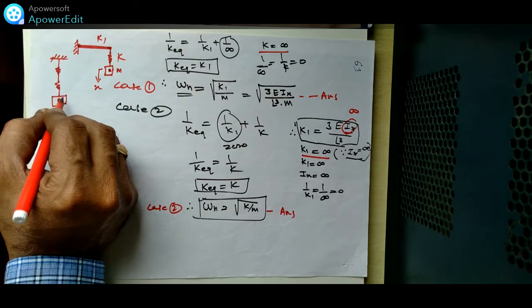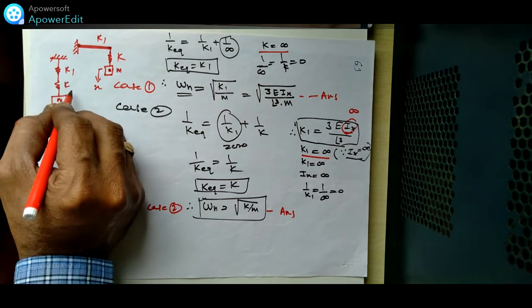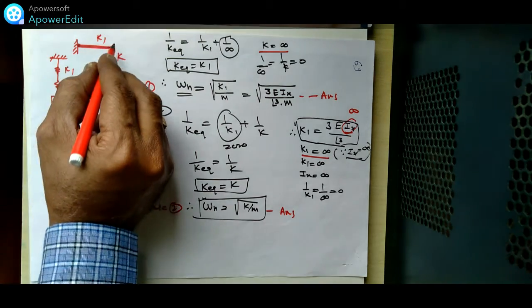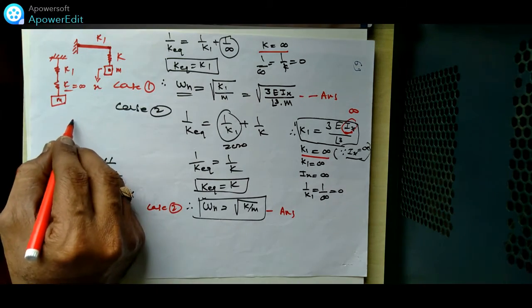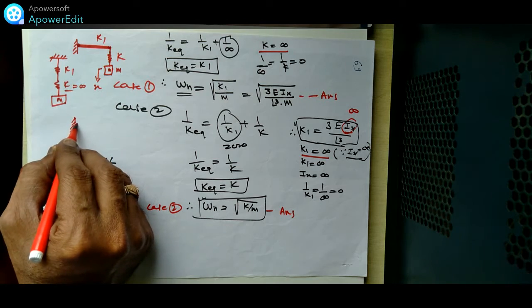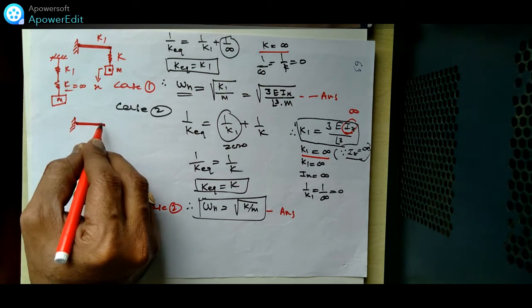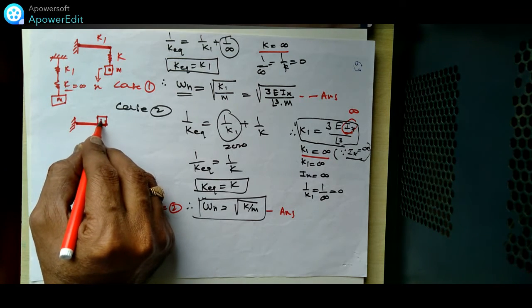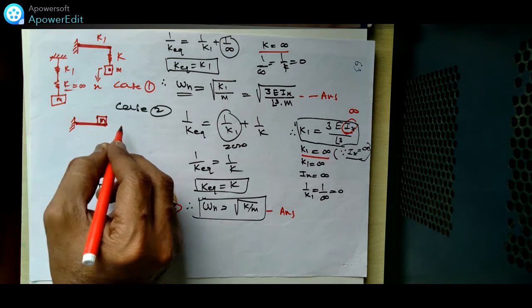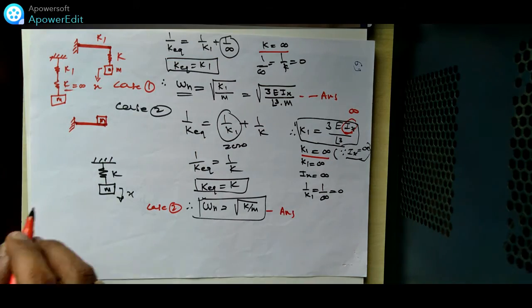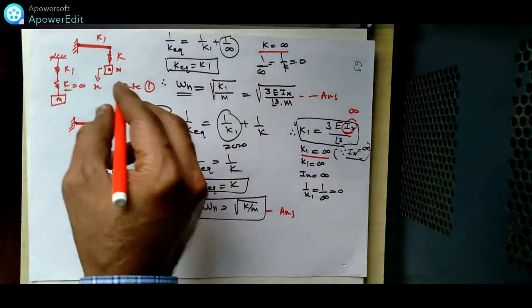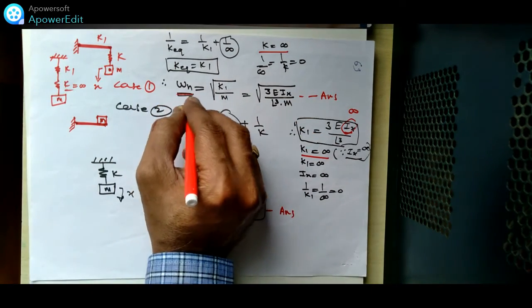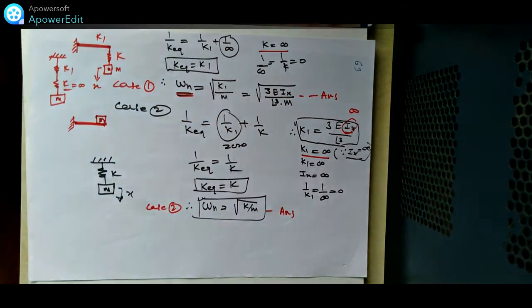When k is infinite, this system becomes like this: the cantilever beam with the mass m placed at the end, and its natural frequency becomes omega n.